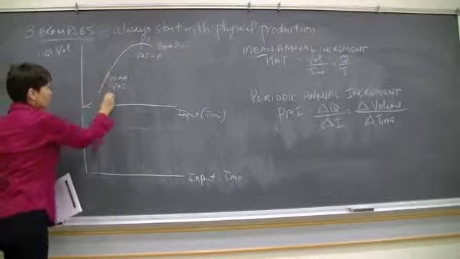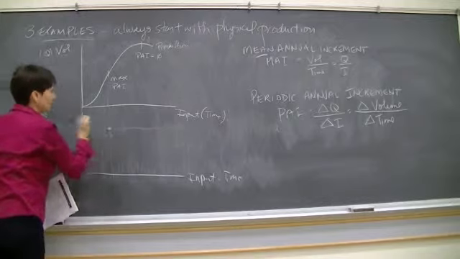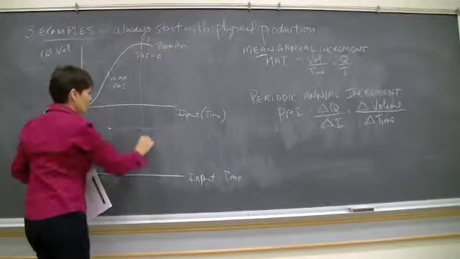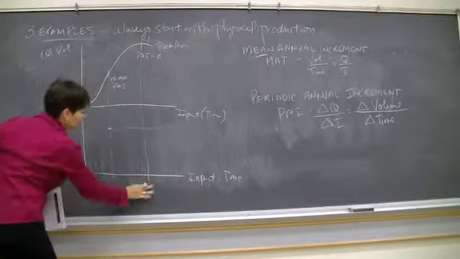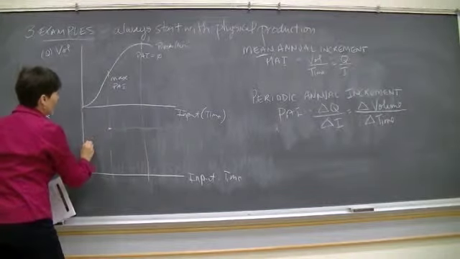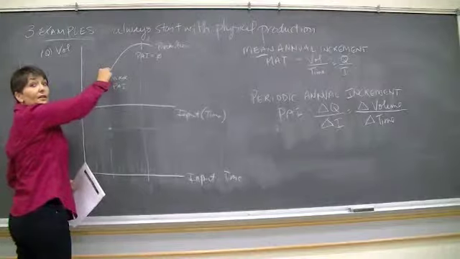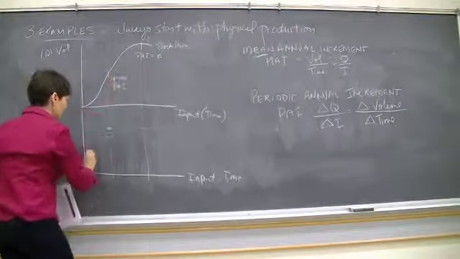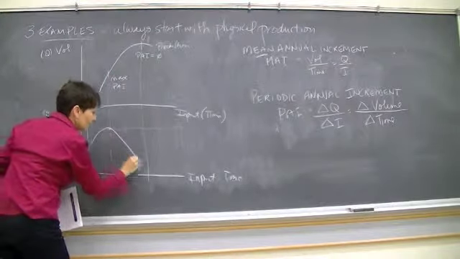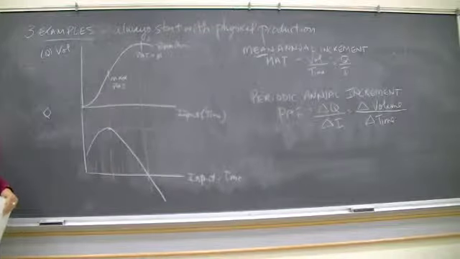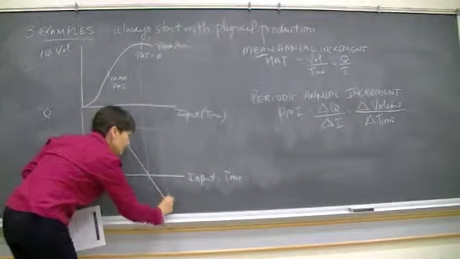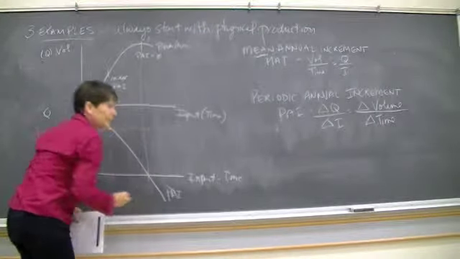So if I transfer them down here, I know that this is a maximum, and at this point, this is 0. So I also know that the PAI increases up to this point, and then it decreases. So I've got a curve that looks something like this. Okay. So this is the periodic annual increment.